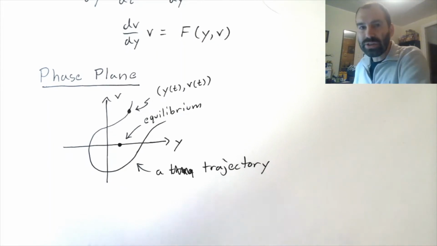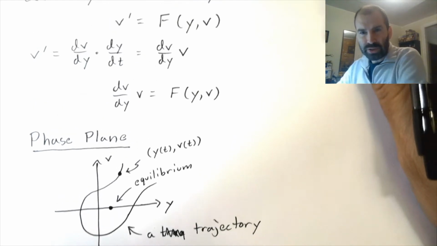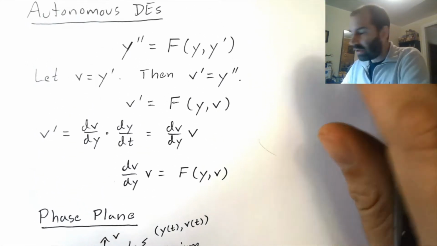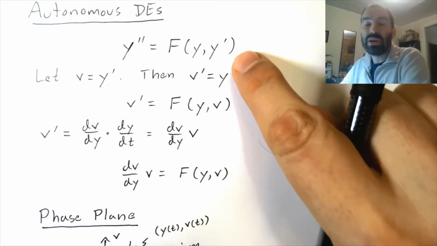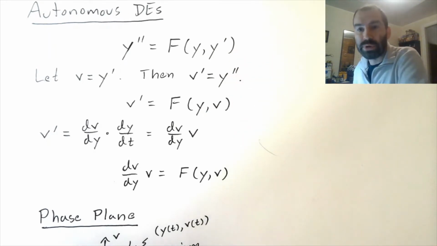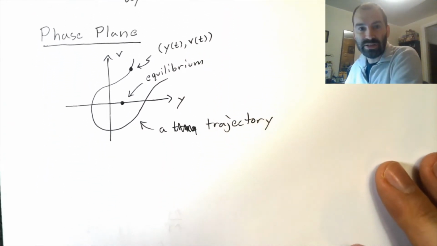Now we're going to look at things in a little bit of a special case. Not only are we going to look at autonomous differential equations, we're going to assume that they have an even more particular form, just to make things easier for us.